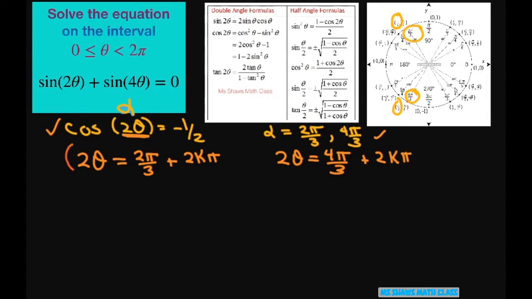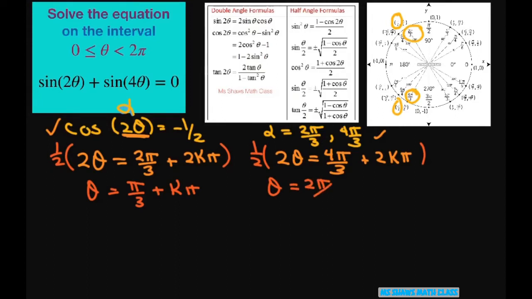Now let's multiply through both of these by 1/2 to solve for theta. That's pi divided by 3 plus k pi. And this one's going to be theta equals 2 pi divided by 3 plus k pi.